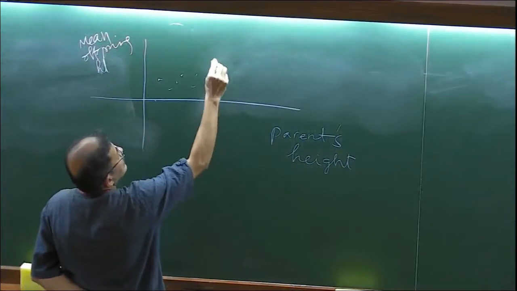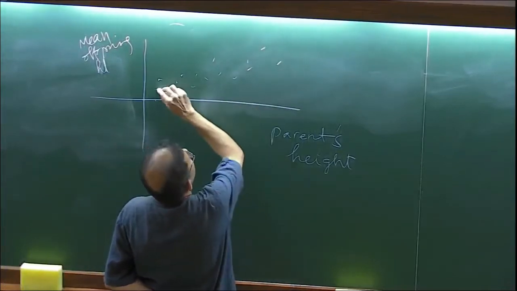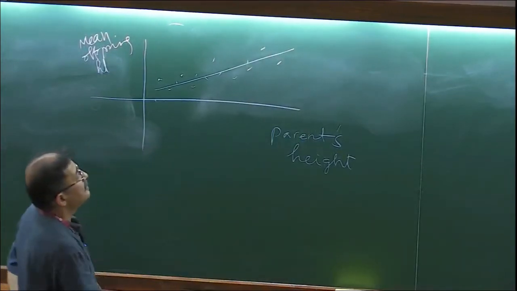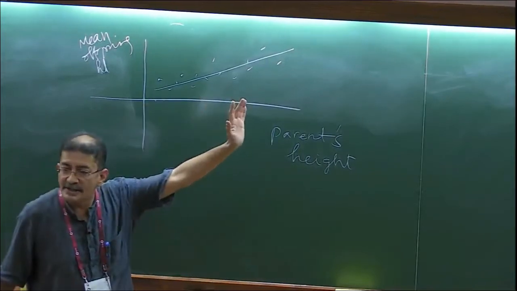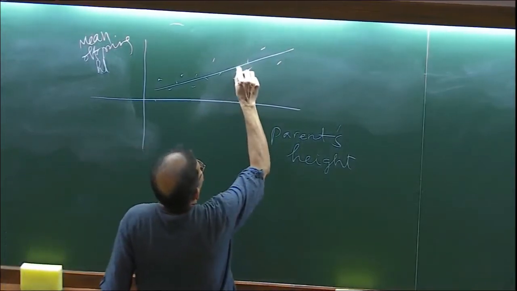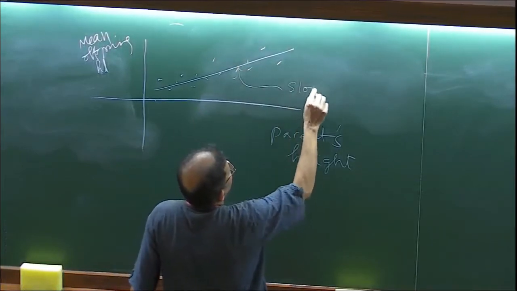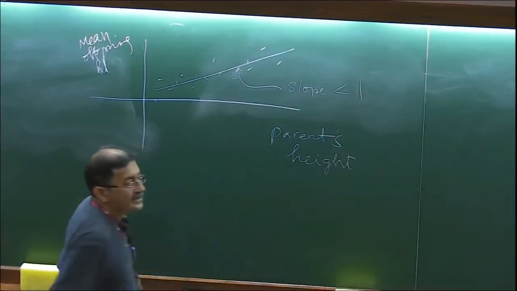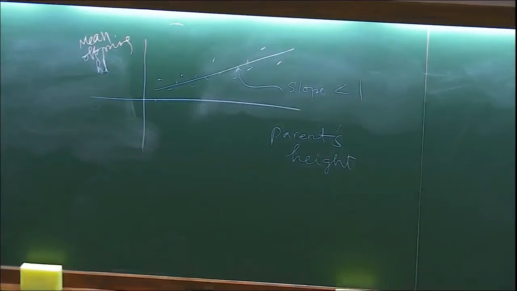Then whatever traits you do this for, you typically find a linear relationship, of course with scatter around it, and the slope of this relationship is always less than 1.